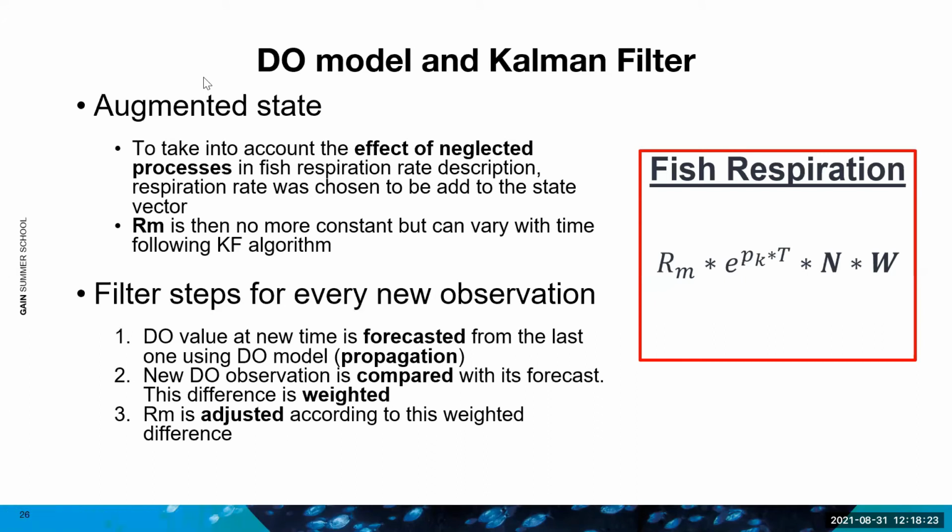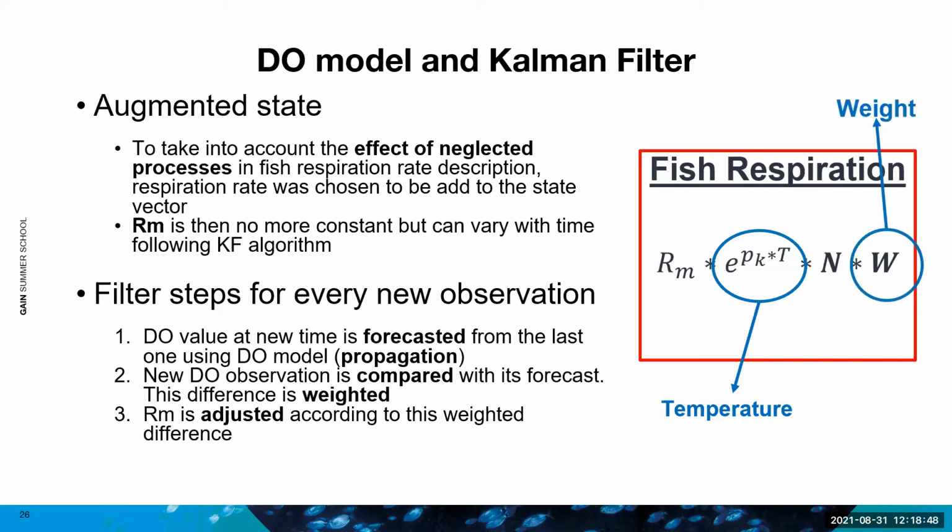Going back to our dissolved oxygen model, what does it mean applying the Kalman filter? If you look at the fish respiration equation we used, we decided to model the influence of the temperature and also the weight of the individual fish.